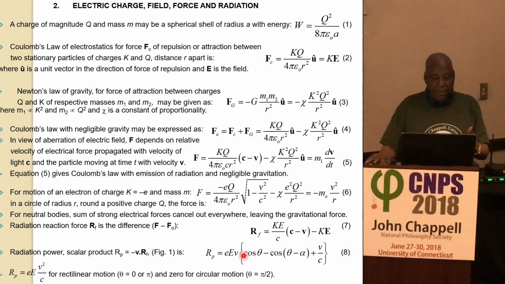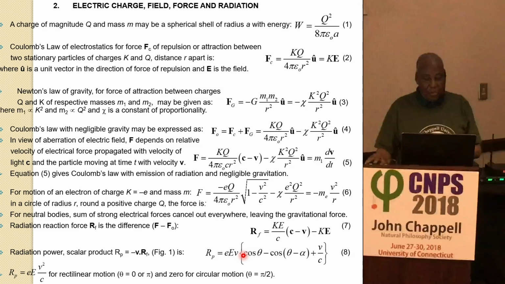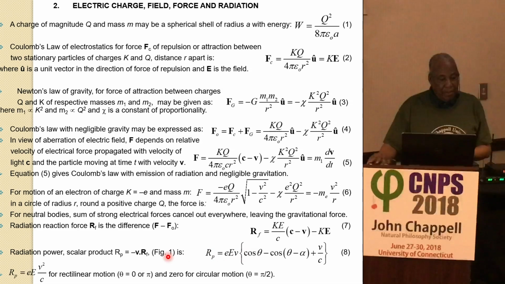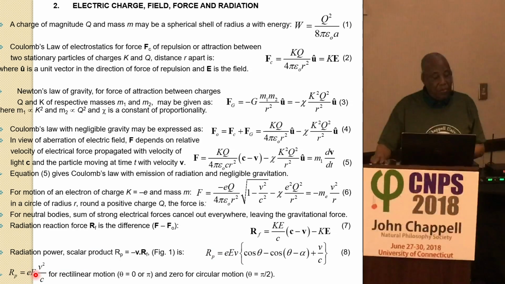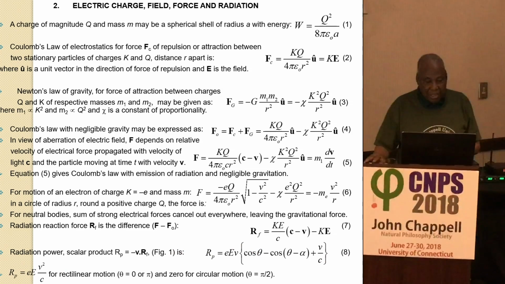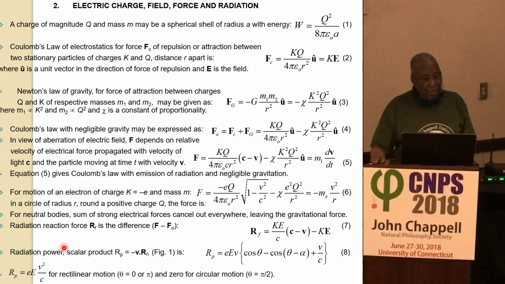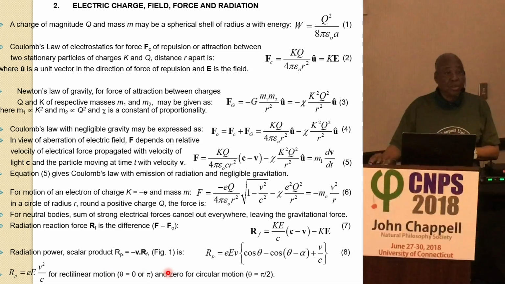For theta equal to 0, the radiation power is given by RP equal to EeV squared over C. For theta equal to pi, 180 degrees, you get the same expression for radiation power. But if theta is equal to pi by 2, the radiation power is 0.